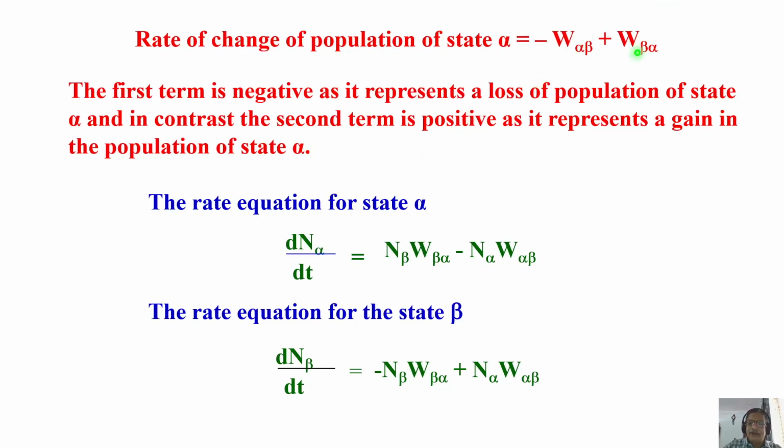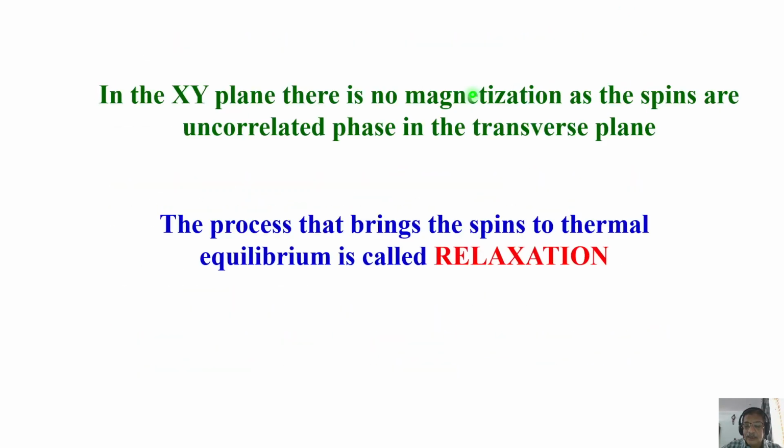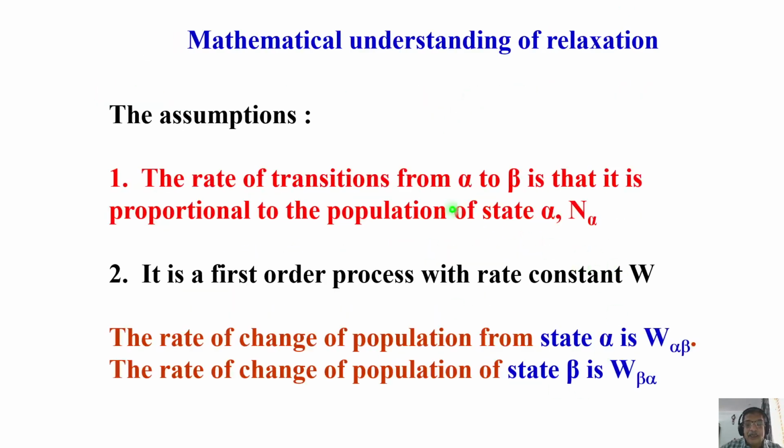So these two terms represent the probability of the population transition from alpha to beta and beta to alpha. Now we can define a rate equation for the state alpha. What is the rate equation? The rate of transition is proportional to n alpha, I said.